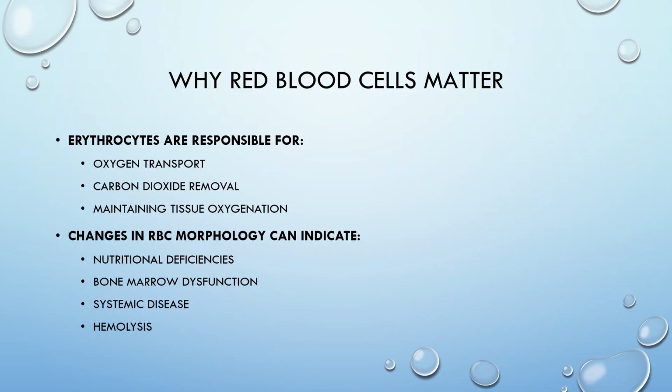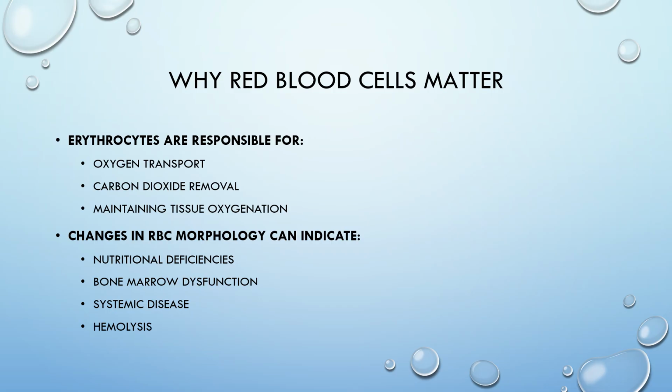Second, red blood cells help with carbon dioxide removal. They assist in transporting carbon dioxide from tissues back to the lungs where it can be exhaled. And third, erythrocytes play a critical role in maintaining tissue oxygenation, which is fundamental for survival. Every organ system depends on adequate oxygen delivery.